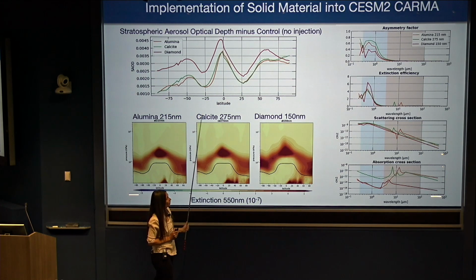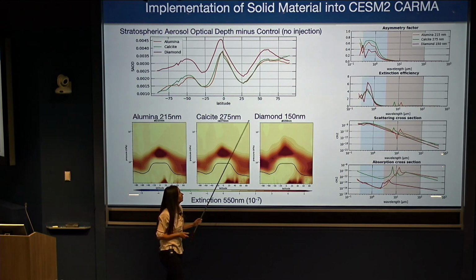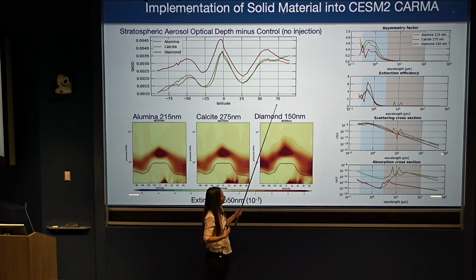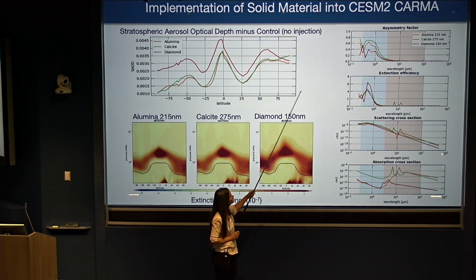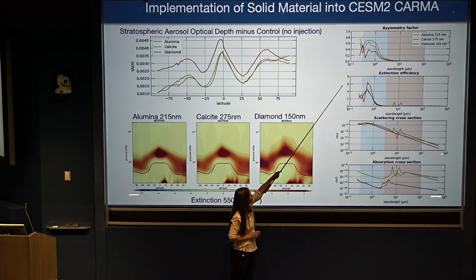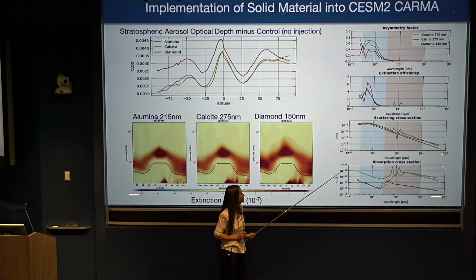We run our Mie calculation within our model, and from the parameters we get from the labs, the refractive and optical properties, we get different factors like asymmetry factor, extinction, scattering, and absorption. That's where you can start to understand the differences between those aerosols and why we choose them for certain things.